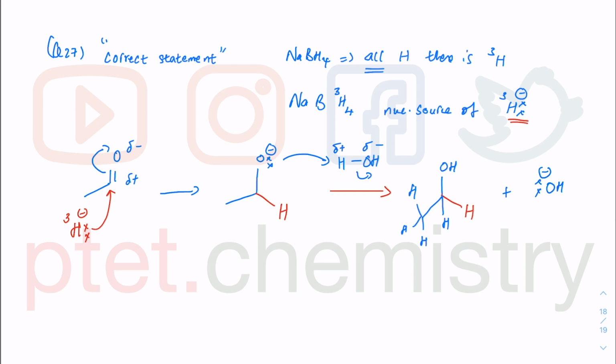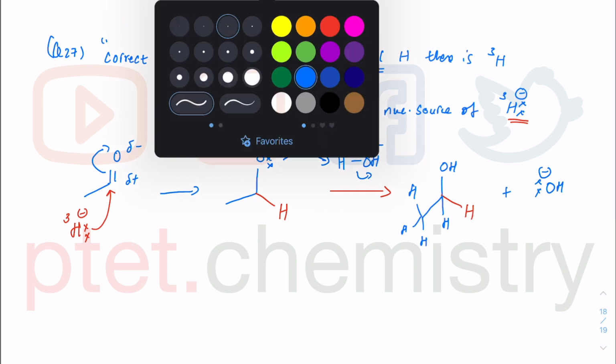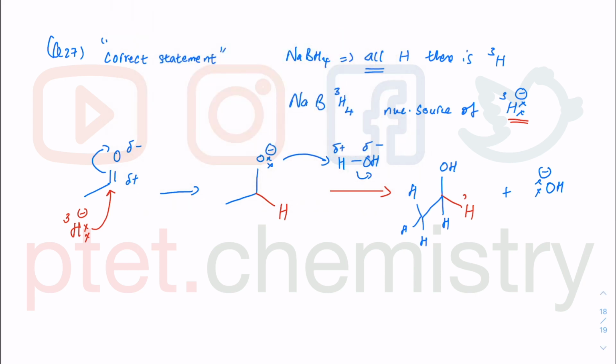So here you have the heavier hydrogen, which is the red color one. So this hydrogen 3 comes from borohydride, but the other hydrogens were originally there already, including the hydrogen that you take in from this oxygen lone pair, which is from the water, and that doesn't contain that one.